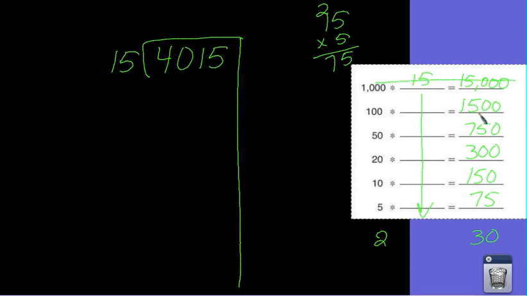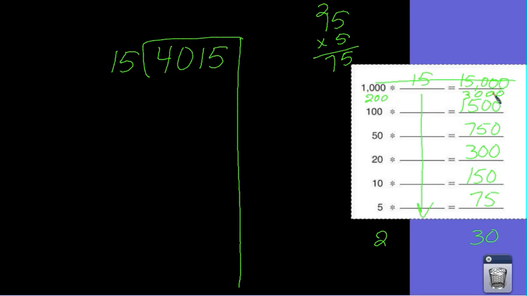And for this problem, I'm going to add my 200. So I'm going to add a 0 to my product of 20 times 15, which would be 3,000. So now I can go ahead and start working my problem.